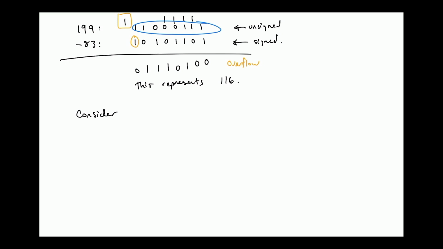The question is, what is it? Let me say I'm going to just call this bit pattern X, and I don't know what that is. But I do know that it represents a negative quantity because its leading bit is a 1.